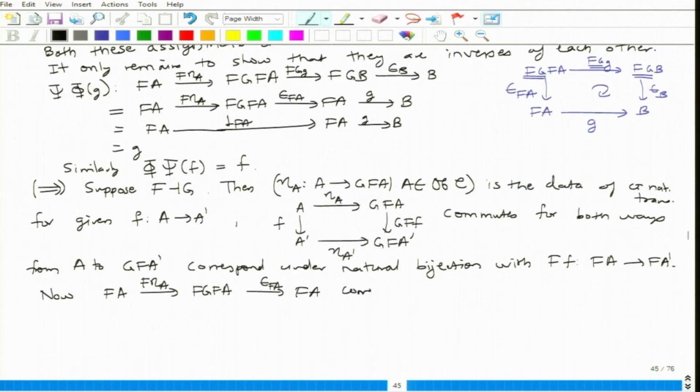This corresponds to, I mean this is the triangular identity we want to prove that it satisfies. We showed that eta is a natural transformation. Similarly, epsilon is a natural transformation. Maybe I should write that. Similarly, epsilon is a natural transformation.